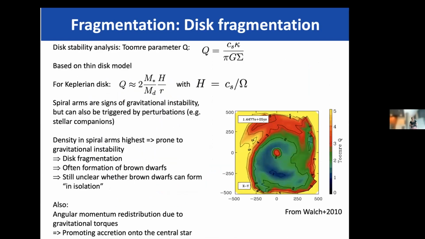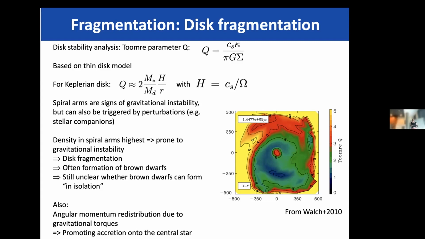All right, and so then we also form disks when we are collapsing, and we have seen them in the observations before, and we know that they come along because of angular momentum conservation during the collapse. And I just pointed out that probably brown dwarfs form in fragmenting disks.